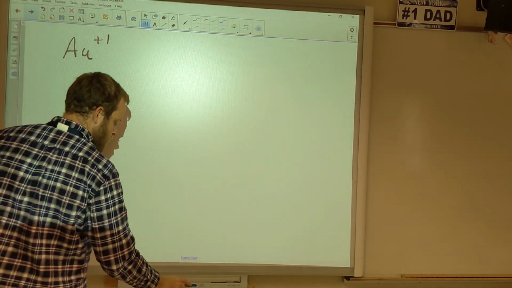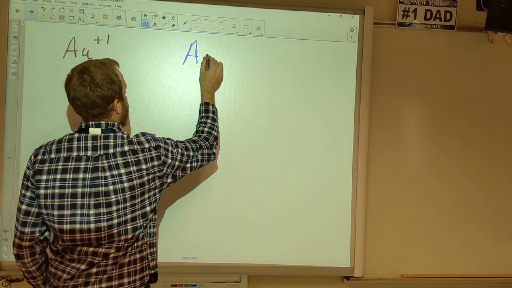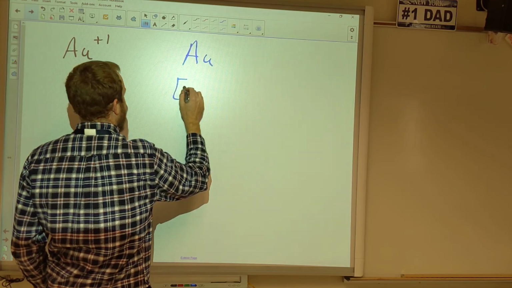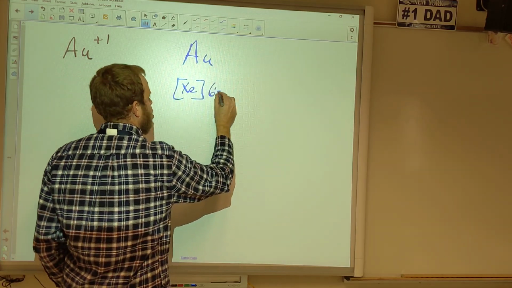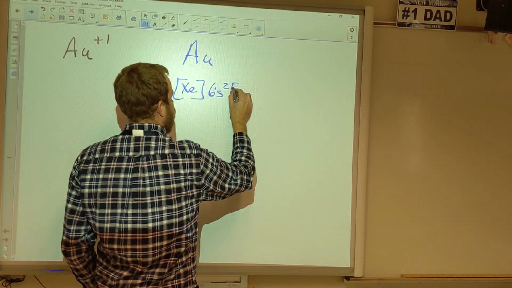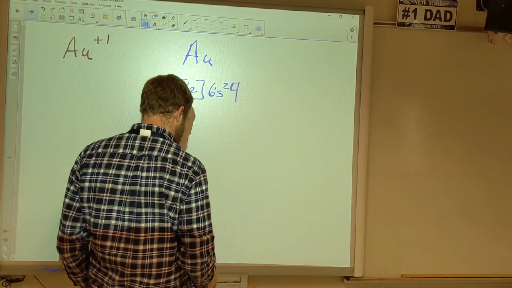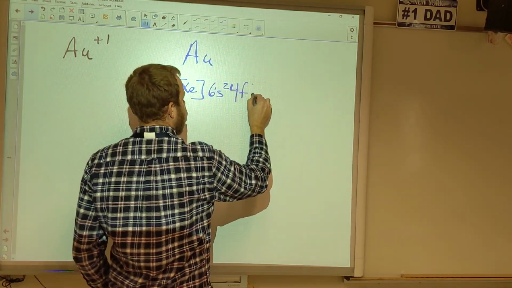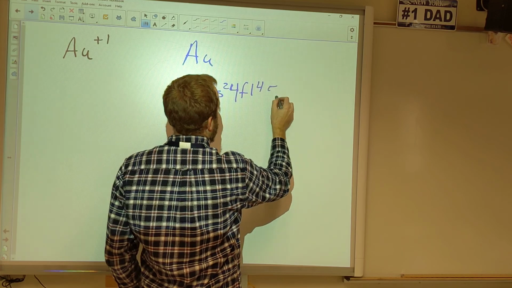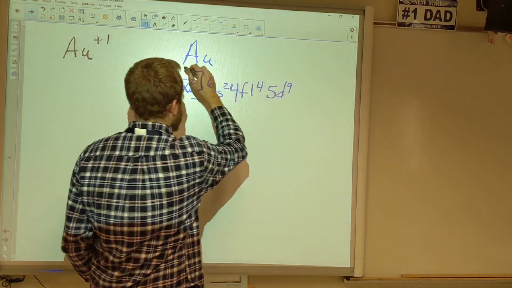So let's start with what we had uncharged. We had xenon, I believe, correct? And then 6s2, 4f14, and then 5d9. This is the neutral gold.